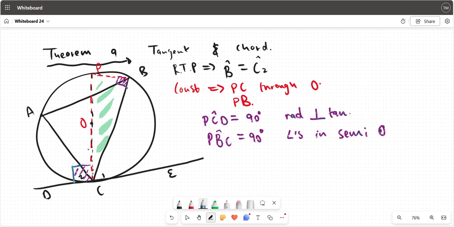Then what I need to state is, what is this angle here? So not the total angle, just the angle between ACO or ACP. So that angle ACP is going to be 90 minus the C2. And I don't need a reason for that, because if this total angle is 90, then definitely the top one will be 90 minus the bottom.